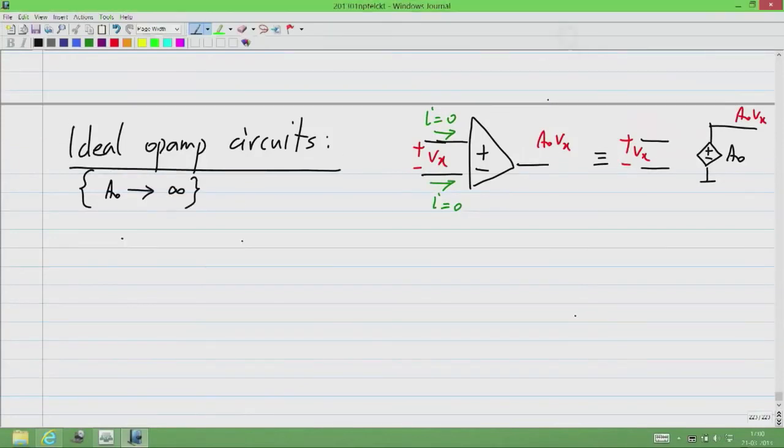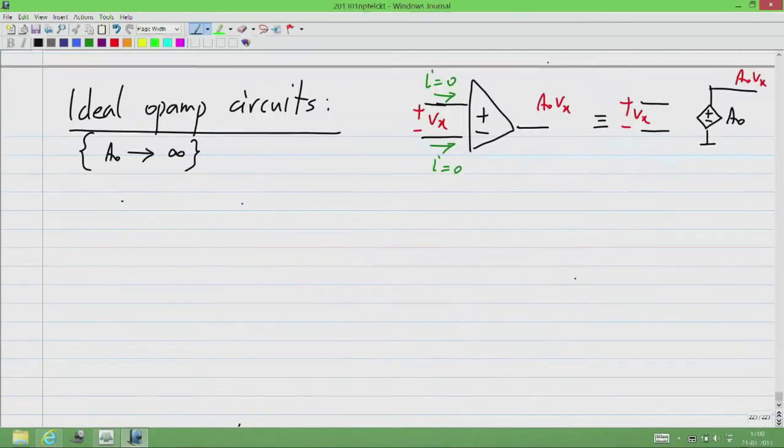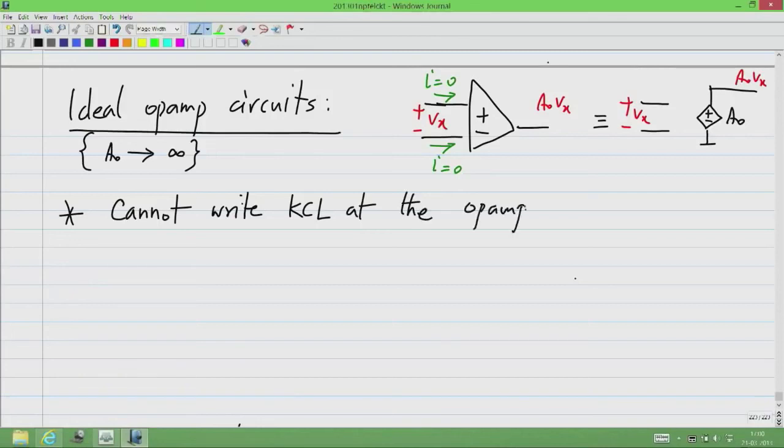So to analyze ideal op amp circuits, you can use the methods we used earlier, but you cannot write KCL at the op amp output. Okay, this is because you don't know how much current is going into the op amp.